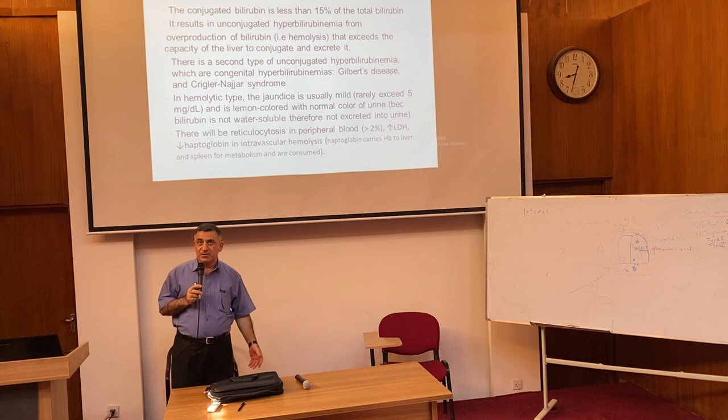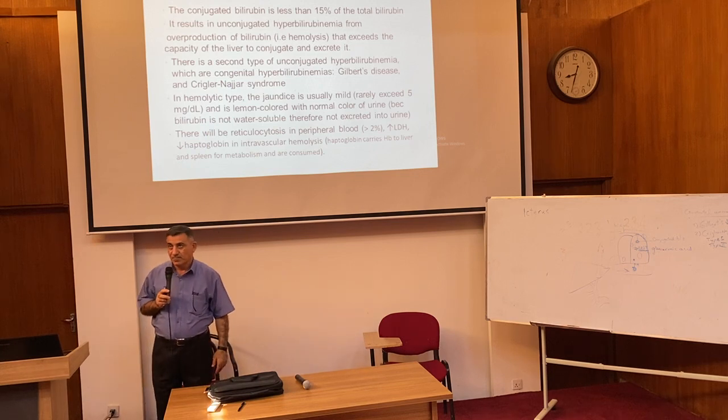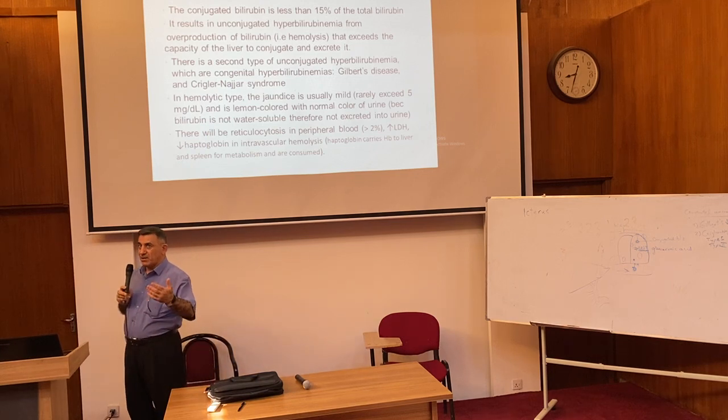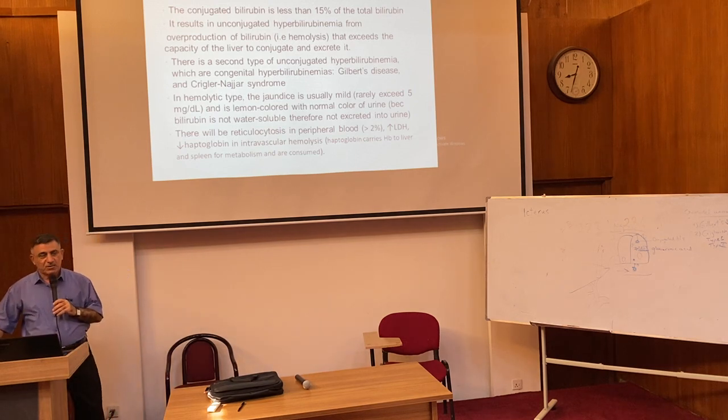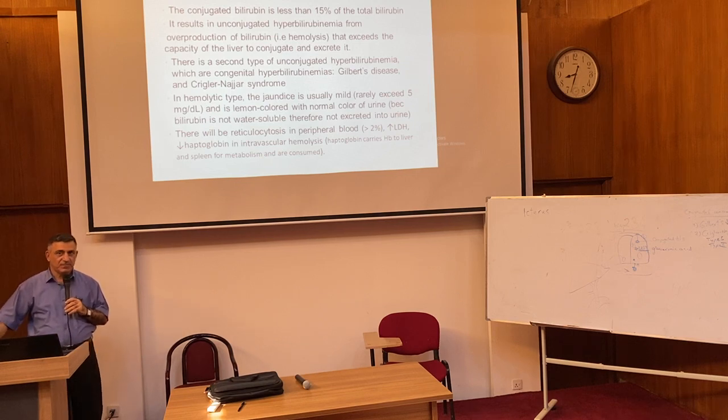Reticulocytes are normally up to 1.2% in peripheral blood, and more than 2% is reticulocytosis.